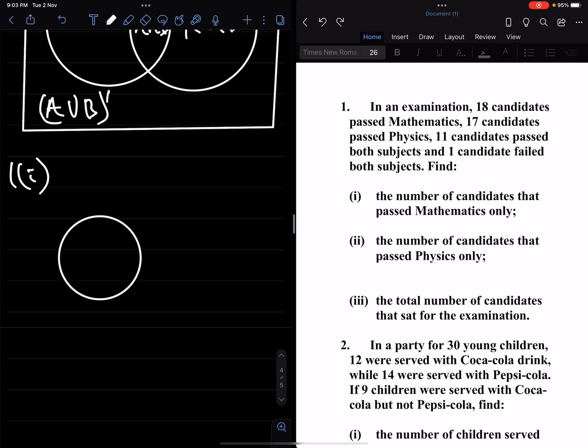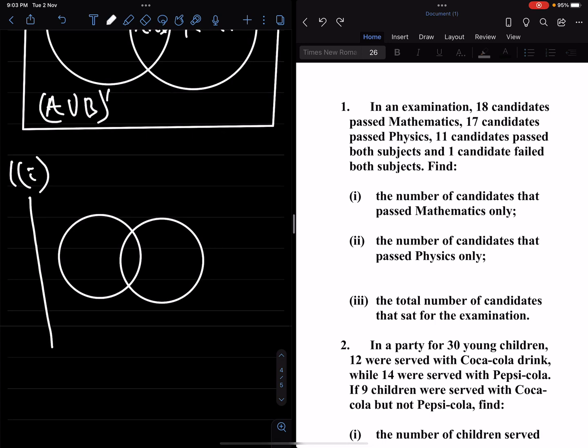No, first set will be the set of candidates who passed mathematics, and the second set will be the set of candidates who passed physics. Now, we are making this the class, the entire class, which is the universal set here.